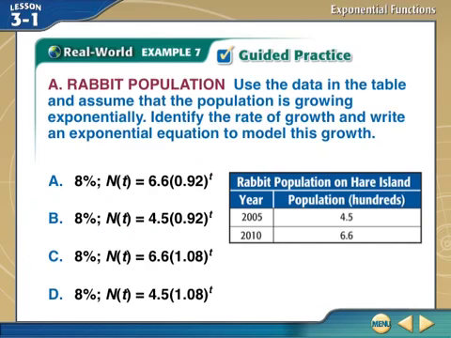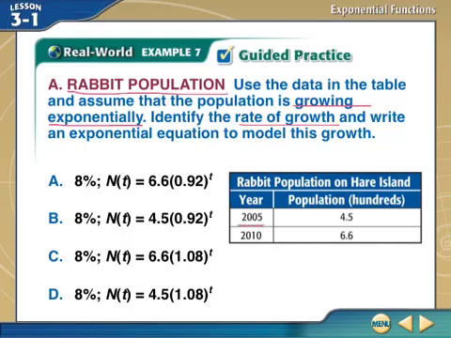In Real World Example 7, Guided Practice, this time we are dealing with a rabbit population. It says use the data in the table and assume that the population is growing exponentially. Identify the rate of growth, your R value, and write an exponential equation to model this growth. They're giving you the table of values here.